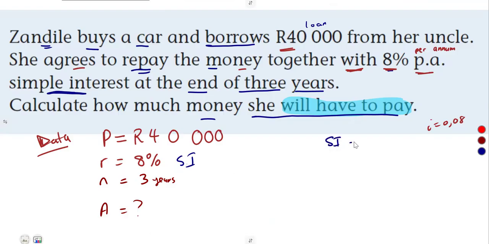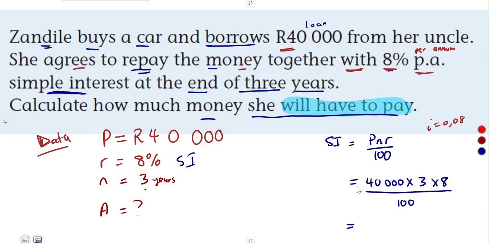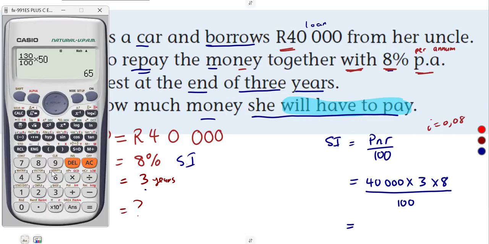Simple interest is equal to PNR over 100, where P is the principal, 40,000, times N, the number of years, which is 3, times our R as a percentage, 8. Everything over 100. So this will give us simple interest, the increase to be paid.